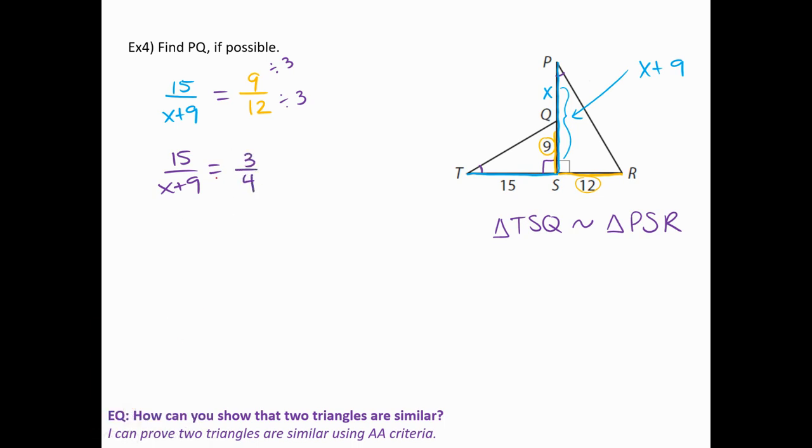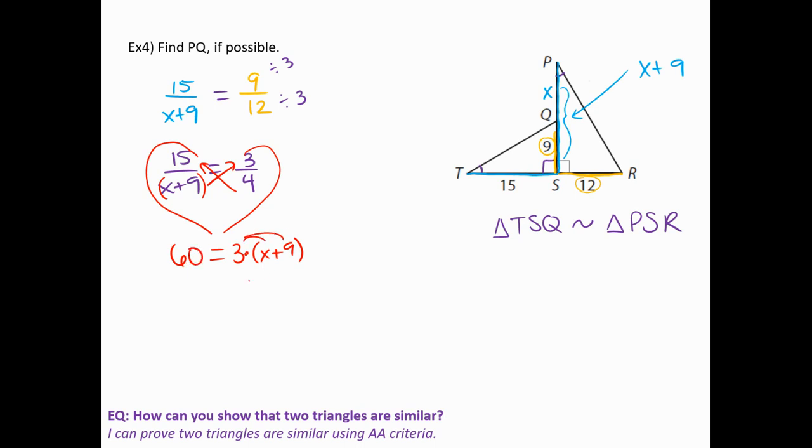And then cross multiply. Do the love connection. And when I do that here, my first denominator has a plus sign, so I'm going to put in parentheses and multiply x plus 9 times 3. So I'm going to do 3 times x plus 9. And then I go to my second denominator and cross multiply. 4 times 15 is going to give me 60.